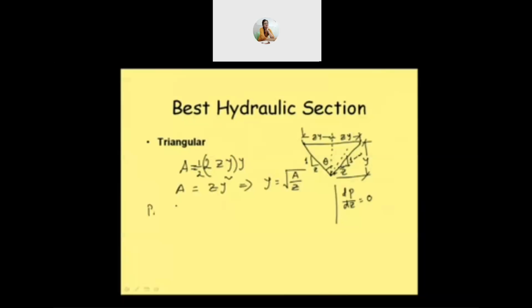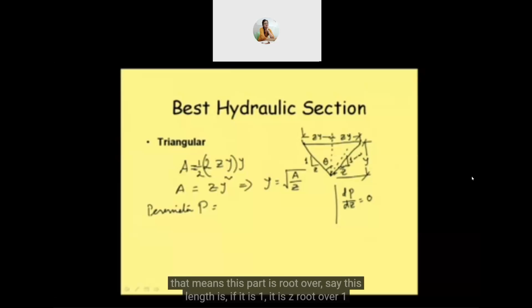So let us see what is the expression for perimeter P. Let me write the expression for perimeter P. That perimeter P is equal to, say, this length is y root over 1 plus z square. That means, for one depth it is root over 1 plus z square, and for y, we have to multiply it by y.